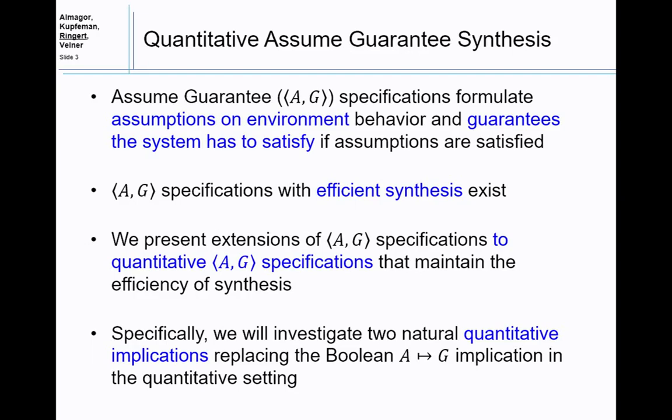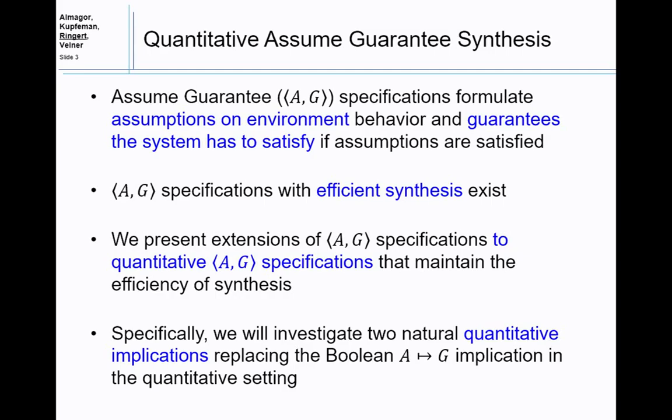And for us, in this case, assume guarantee synthesis means that we have some assumption that describes the environment behavior, and we have guarantees that describe what the system is supposed to do if the assumptions are satisfied. So there are some fragments of LTL which have efficient assume guarantee synthesis.